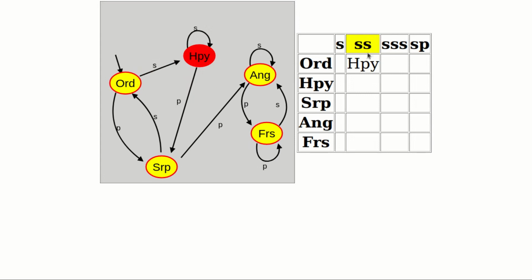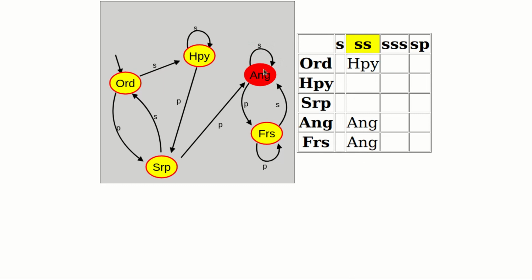So if you apply SS, then from odd, ordinary, you go to happy. Well, let's say what happens if you start from angry. First smile, second smile. So if you start from angry, you stay at angry. What happens if you start from furious? First smile takes you to angry, second smile keeps you at angry. So SS causes ordinary to go to happy, angry to go to angry, furious to go to angry.